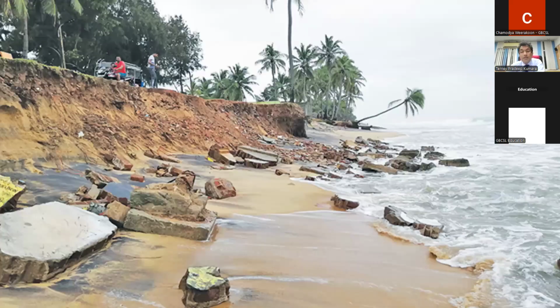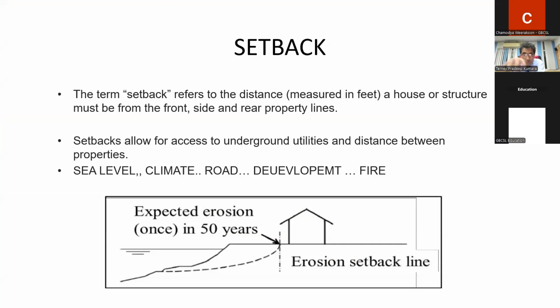The erosion rates, right? And that is why, from the Coast Conservation and Coastal Resources Department perspective, we have established some setbacks. Setbacks means we have reserved some areas for the ocean, for nature to decide its own sea, the coastline, right?